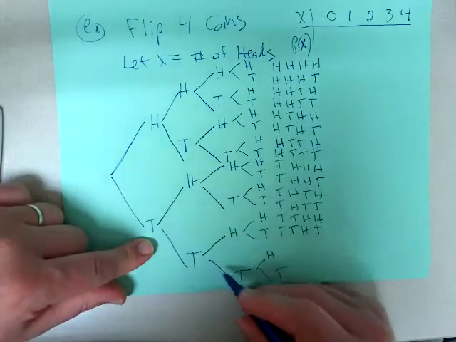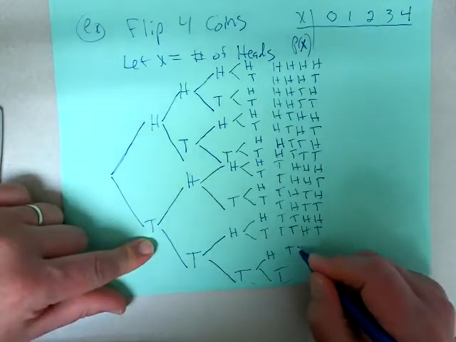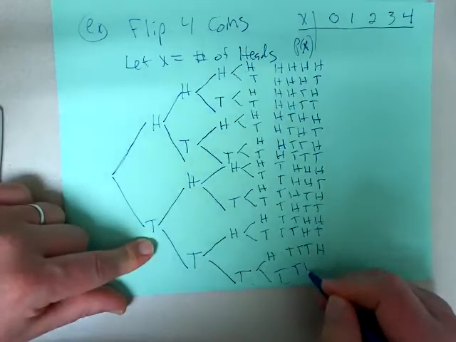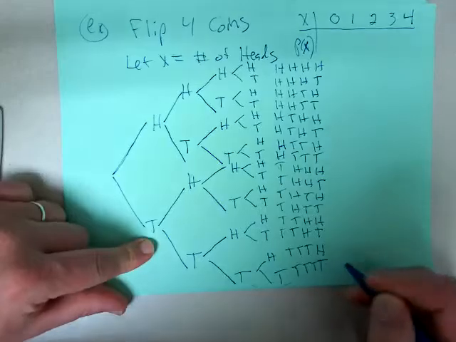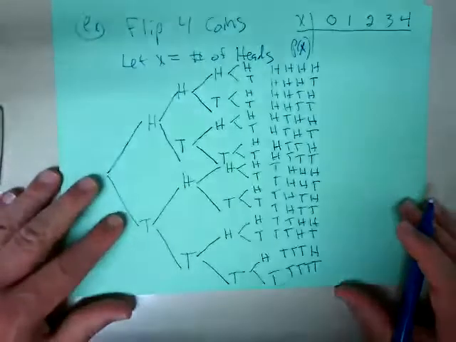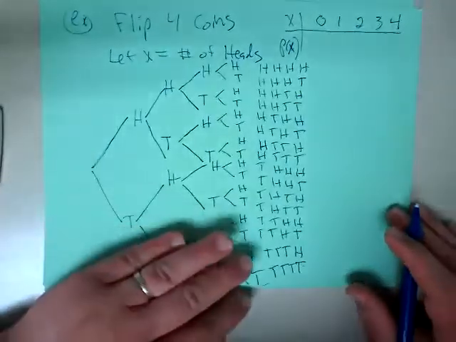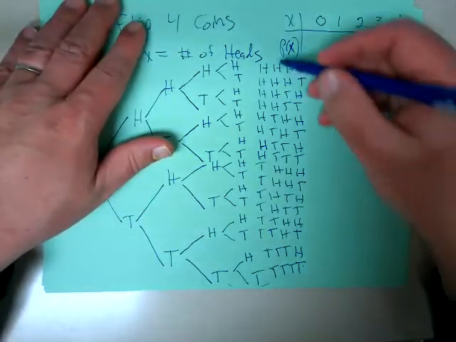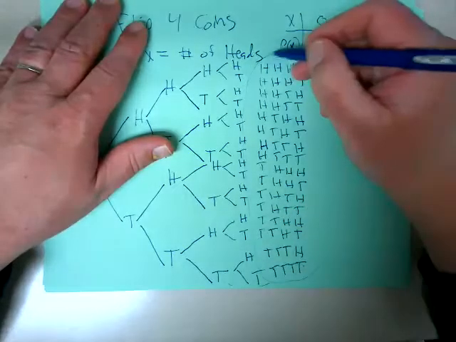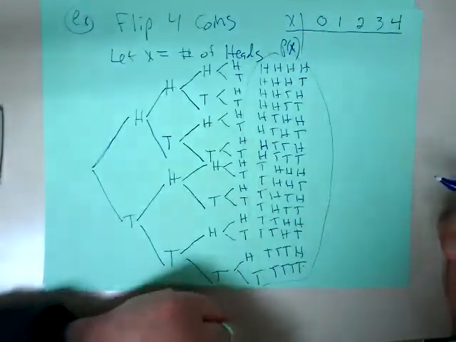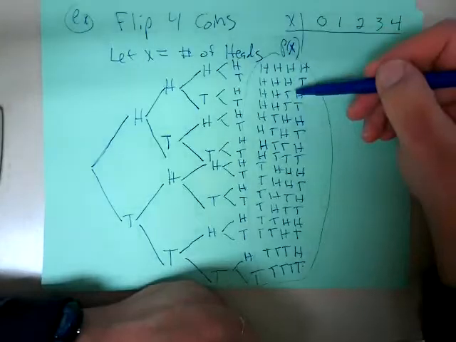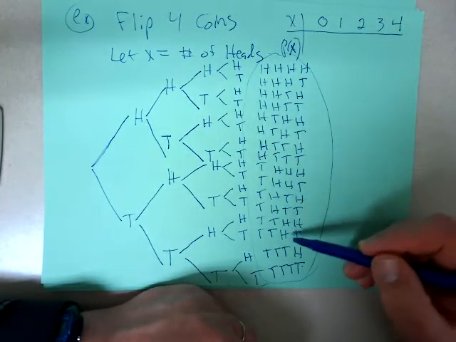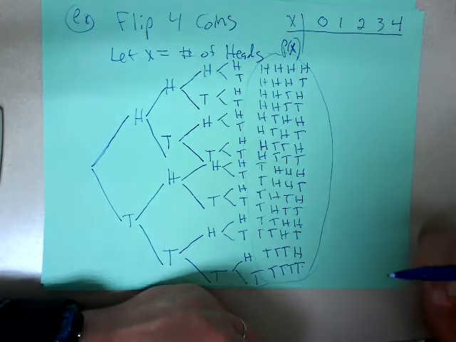Then tail, tail, tail, head, and tail, tail, tail, tail. It takes a knack to do that. It can get a little confusing in there, but after you've done it several times, it gets a little easier. But this is my sample space, and what you'll notice here is there's now 16 outcomes: 1, 2, 3, 4, 5, 6, 7, 8, 9, 10, 11, 12, 13, 14, 15, 16 outcomes.